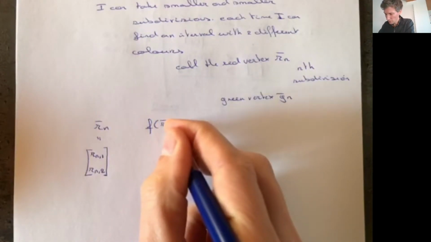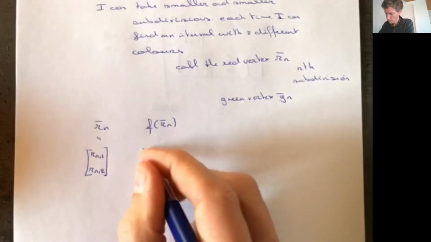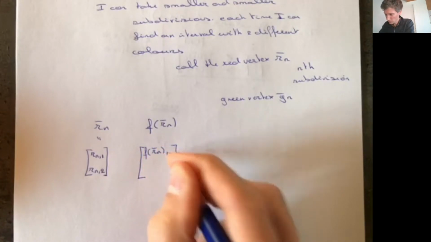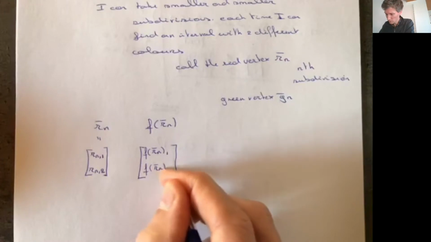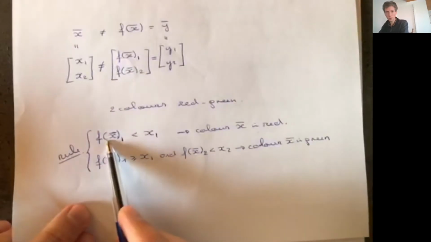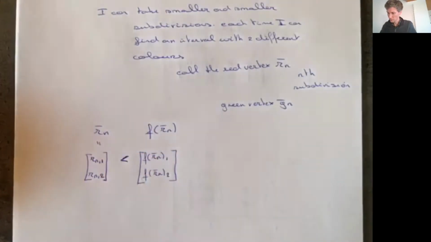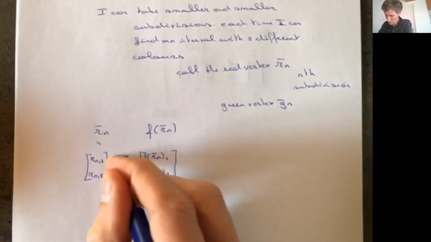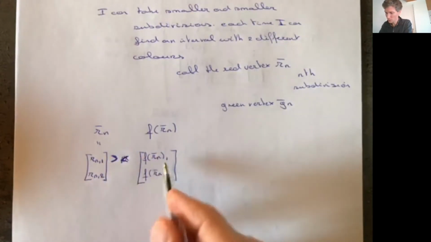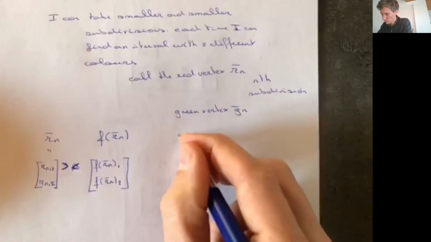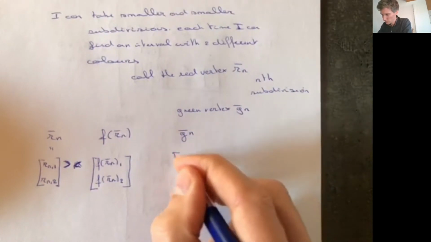And then of course I have f of Rn. So these also consist of two components, namely f of Rn1 and f of Rn2. And I know that R is red. So in particular, f of x1 is smaller than x1. So I have that f of Rn1 is smaller than Rn1. And I have the same or a similar thing with the green vertices.